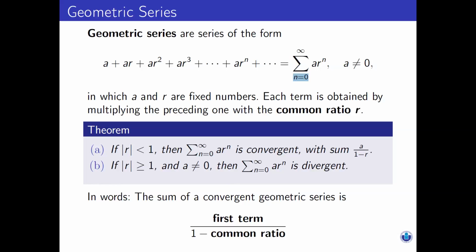The way to remember this formula is that a is the first term, and r is the common ratio. So you have the first term divided by 1 minus the common ratio. But it is very important that you remember the common ratio is the next term divided by the previous one, not the other way around. Otherwise you would get into trouble. So do remember this.